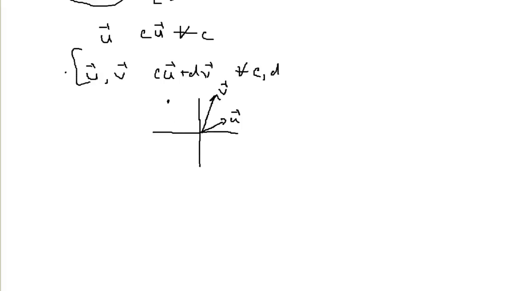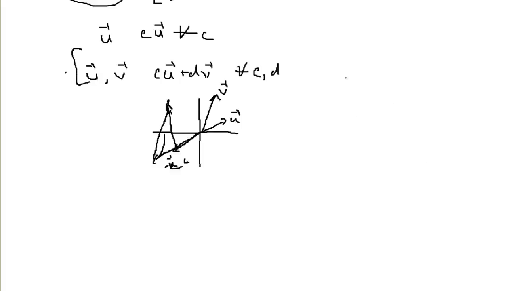Well, I can take, let's say, negative u, maybe plus, it looks like maybe plus 1.5 v might get me there. Maybe I need a little more u. So let's say negative 2u. And there we go. That would be about 1.5 v. Right, so I can get anywhere in the plane using this concept.